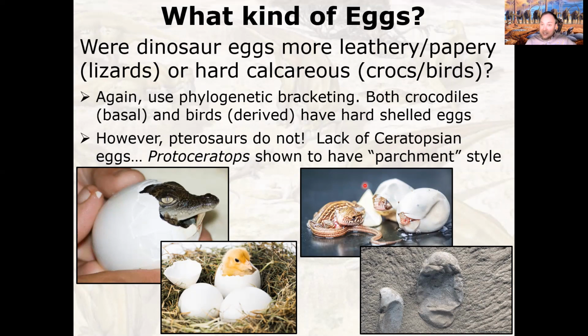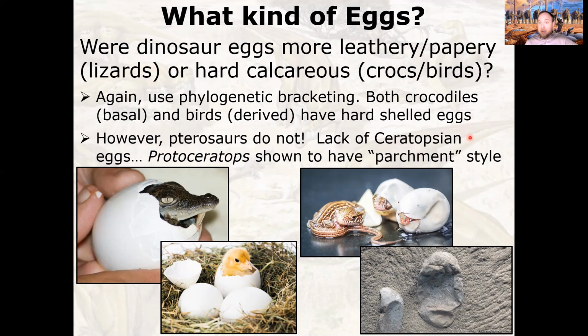And we see that as well in modern lizards and in some turtles. So there was kind of this thought that, okay, well, pterosaurs are their own branch. They evolved to that more primitive form, the parchment eggs, but dinosaurs are still in between there. And they probably had these hard shells too.